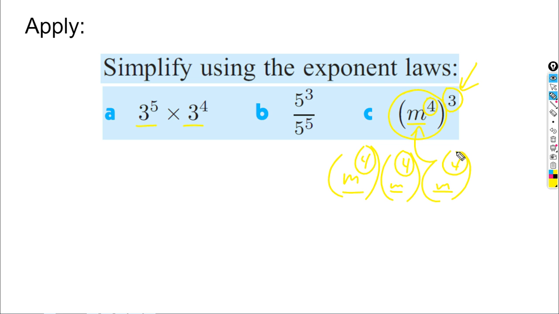Well, 4 plus 4 plus 4 gives us 12, m to the 12th power. But you may remember there is a rule or shortcut for this as well. And that rule says we have a power of a power, and again, there's just a single base here. You can take those exponents that are getting applied to each other and simply multiply them. And 4 times 3 would get us right to this answer here of m to the 12th power.